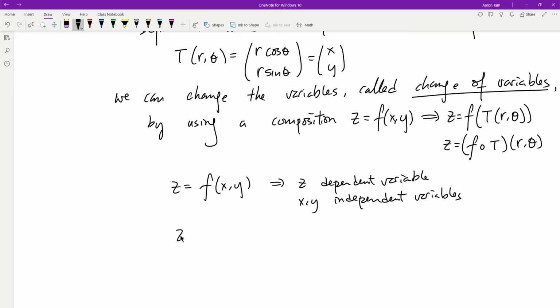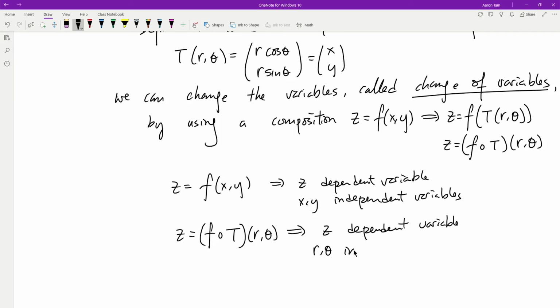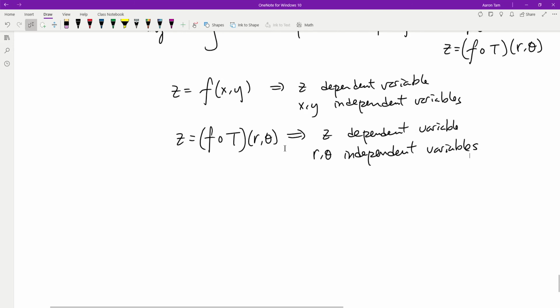But on the flip side, if I say z equal to f composition t of r theta, now z remains our dependent variable, but now our independent variables are r and theta, effectively changing our coordinate system from the xy coordinate system into the polar r theta coordinate system through the composition.